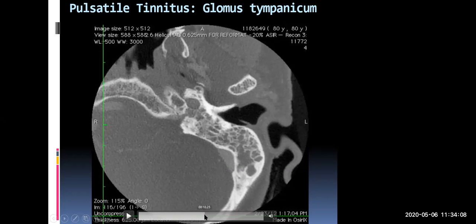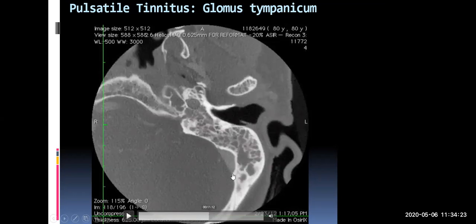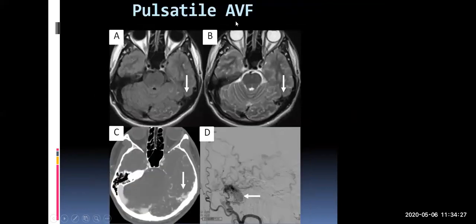So be very careful when you're planning your surgeries or radiation for glomus tumors. What a lot of the time people think is just no tumor extension and just a normal bone is actually tumor extended into the bone, simulating bone marrow. So no other questions. We'll go to the next case.